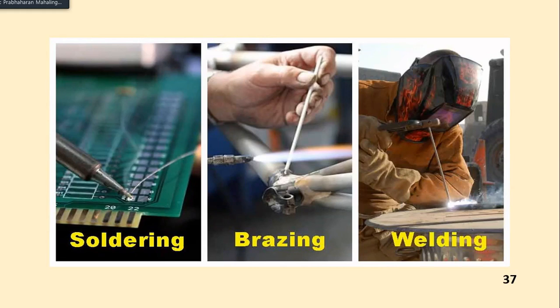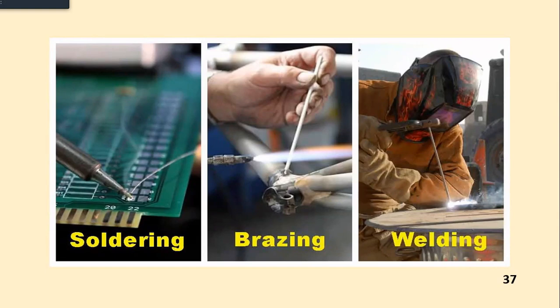If you have interest, you study a little and then open your welding unit in your house, and you can have another person helping. This is one of the good practices for our agriculture students. They can have a very nice welding unit. They can earn a lot. So please take some interest in this subject and study well.